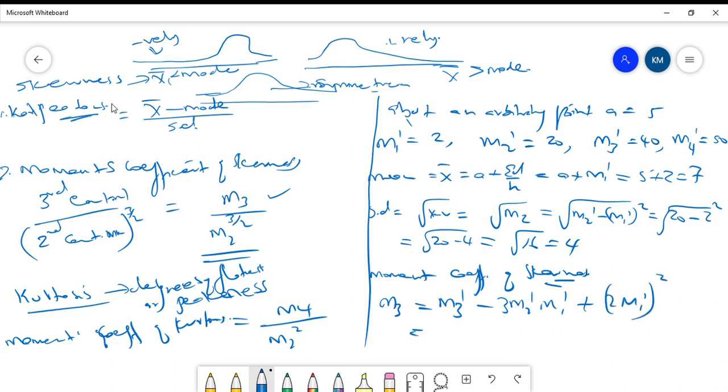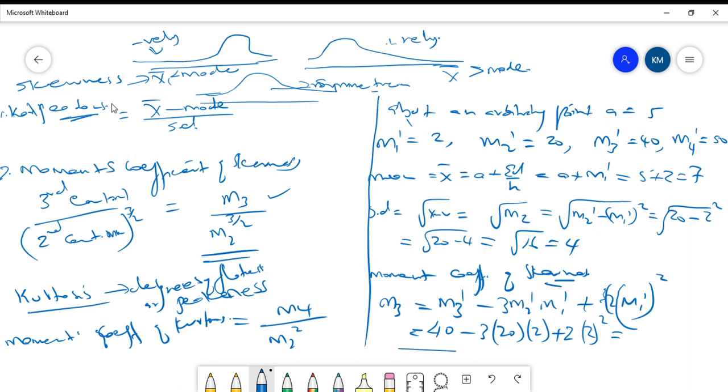So we substitute: the third one, which is 40, minus 3 times the second one, which is 20, times the first one, which is 2, plus 2 times the first one, which is 2, raised to the power of 3.